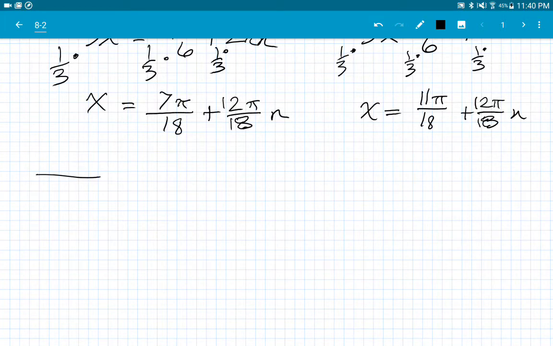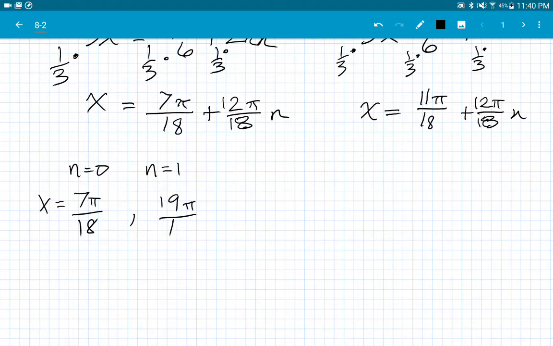So if n were 0, then we'd have the answer x equals 7 pi over 18. If n were 1, saying now we're going to find that coterminal angle as it wraps around, we're going to get 7 pi over 18 plus 12 pi over 18. So that's going to give us 19 pi over 18.